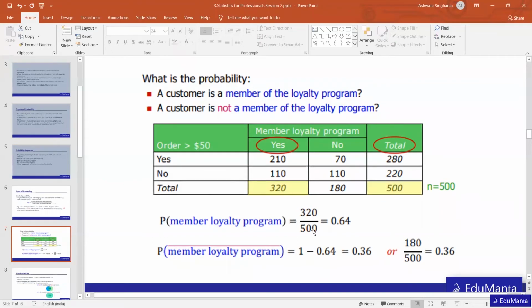So 320 divided by 500, that is 0.64, is the proportion or probability that people are covered under the loyalty program. Whereas the complement of the loyalty program is 1 minus 0.64, that is 0.36, the proportion or probability of people who are not members of the loyalty program. I hope this is clear to everyone.